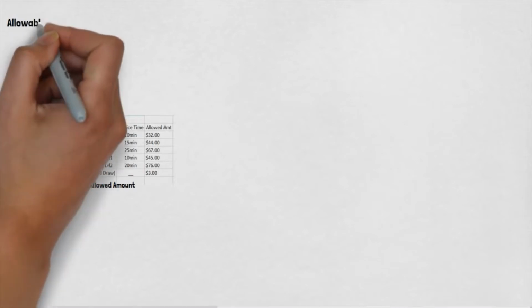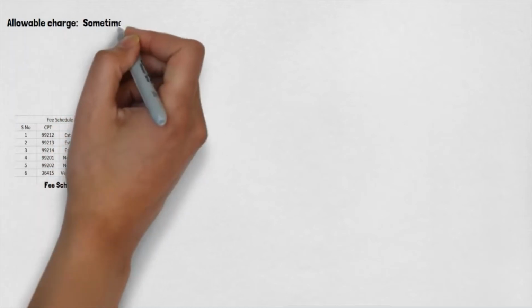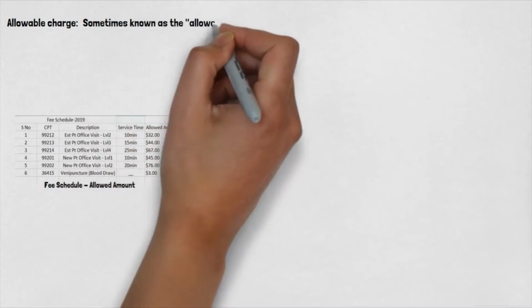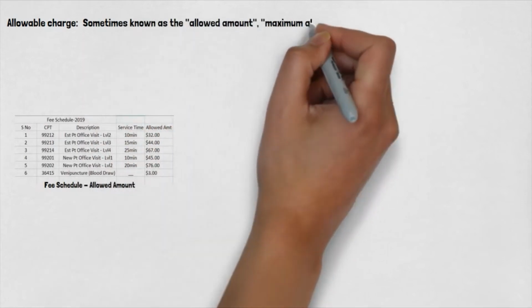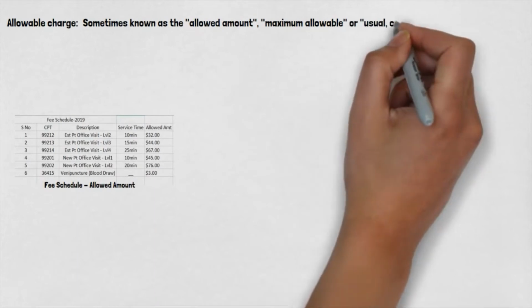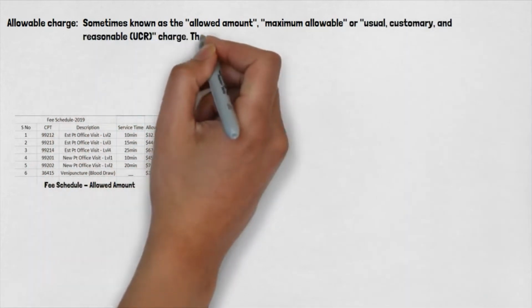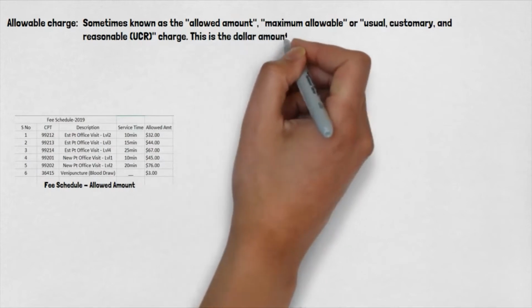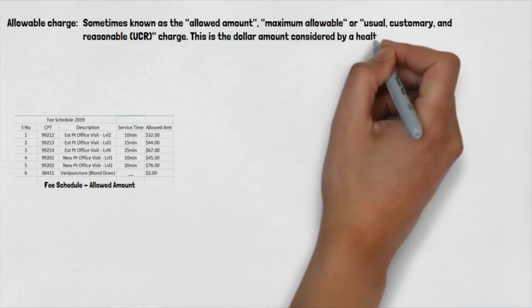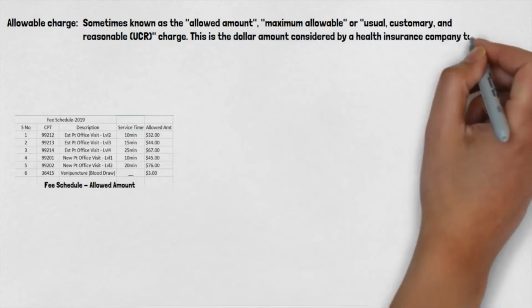The reimbursement or payment structure followed by the insurance companies is based on the allowed amounts which are mentioned in the fee schedule. So what is an allowable charge? Sometimes known as the allowed amount, maximum allowable, or usual, customary and reasonable (UCR) charge.